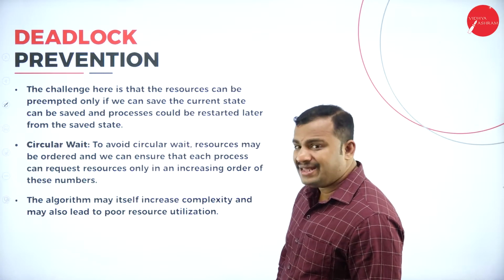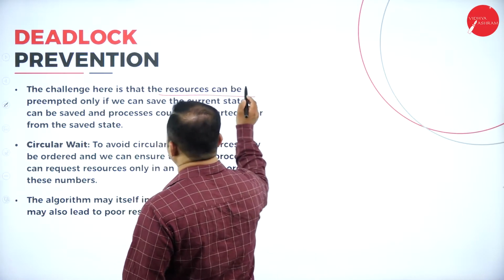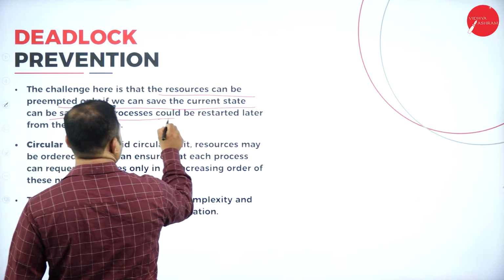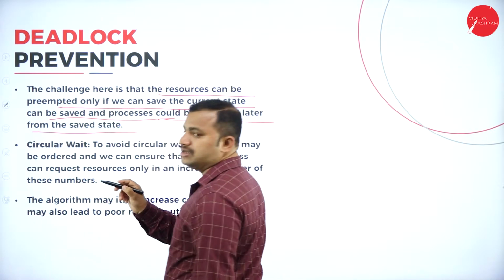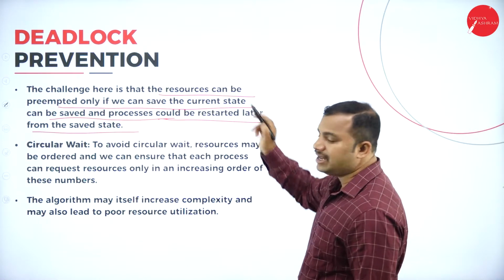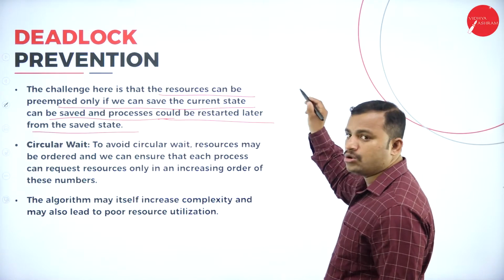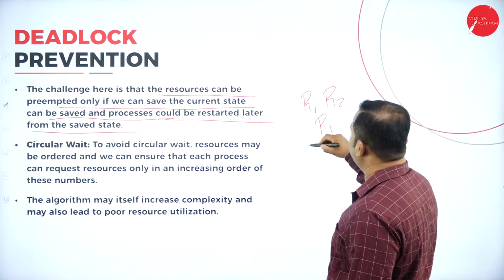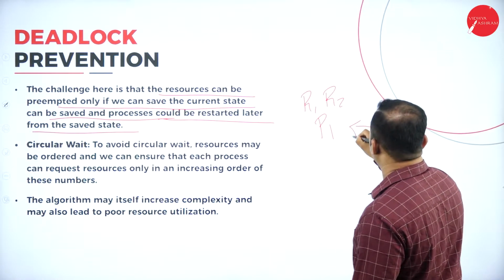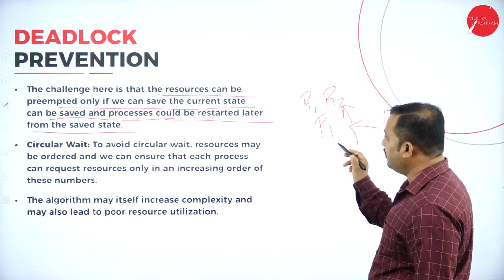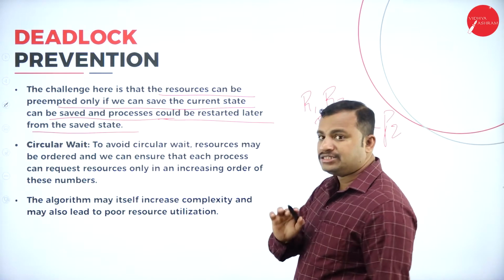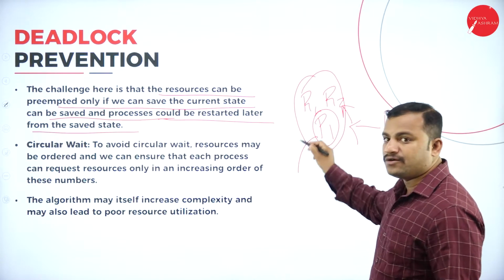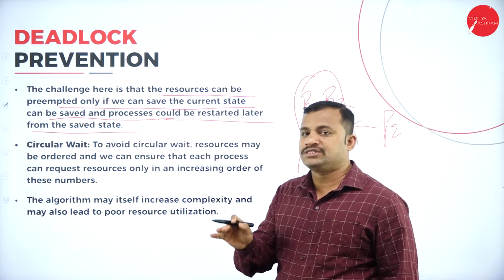The challenge here is that resources can be preempted only if the current state can be saved and processes can be restarted from the same state. That means when resources R1 and R2 are allocated to process P1, and process P2 requests resource R2, the challenge is to save the current state of execution of process P1.